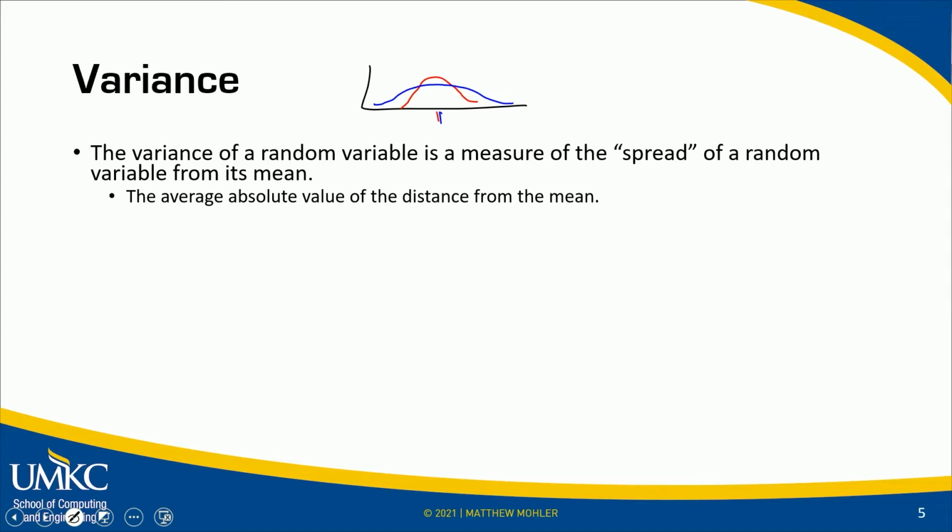They have different values. And so we need a way to measure how far it is from the mean to each of those extremes. And variance gives us a way to do that. It's a measure of the spread of a random variable about its mean. So the absolute average value of the distance from the mean is more important, because if you were to look at this and just say, hey, what's the average value of the distance from the mean?